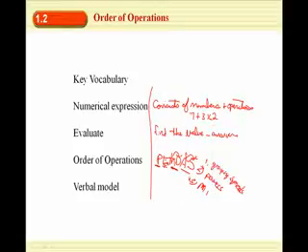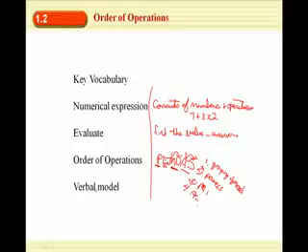And then number 4, you add and subtract, from left to right. So you can get that out of the book on page 8. There's 3 steps there. I know I added one, which was the powers. Okay? Then the last thing, they talk about a verbal model.